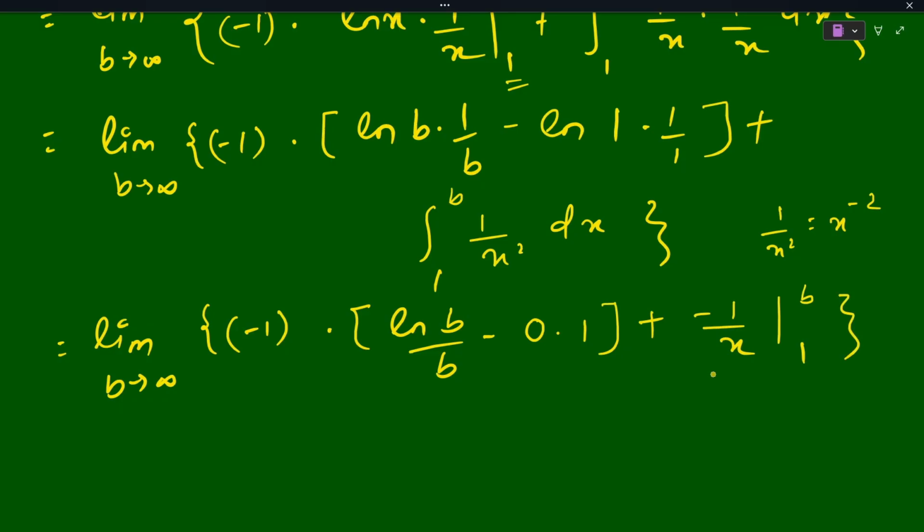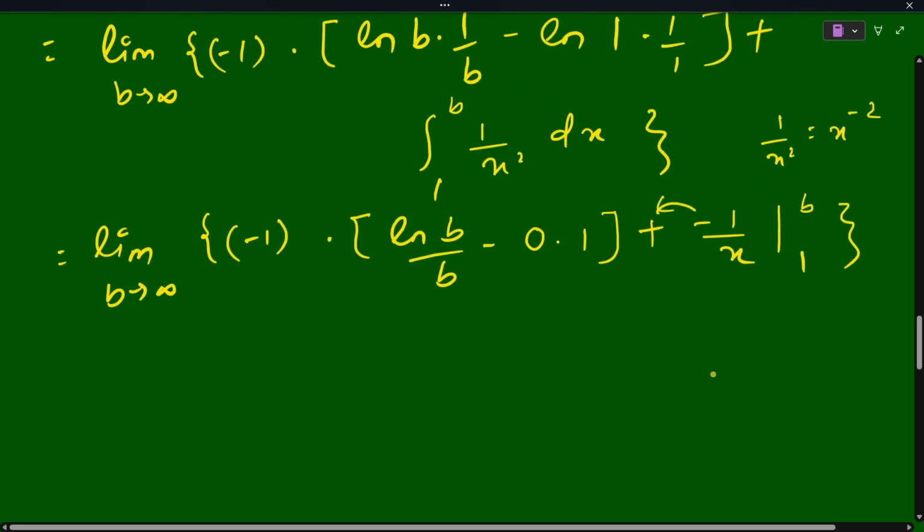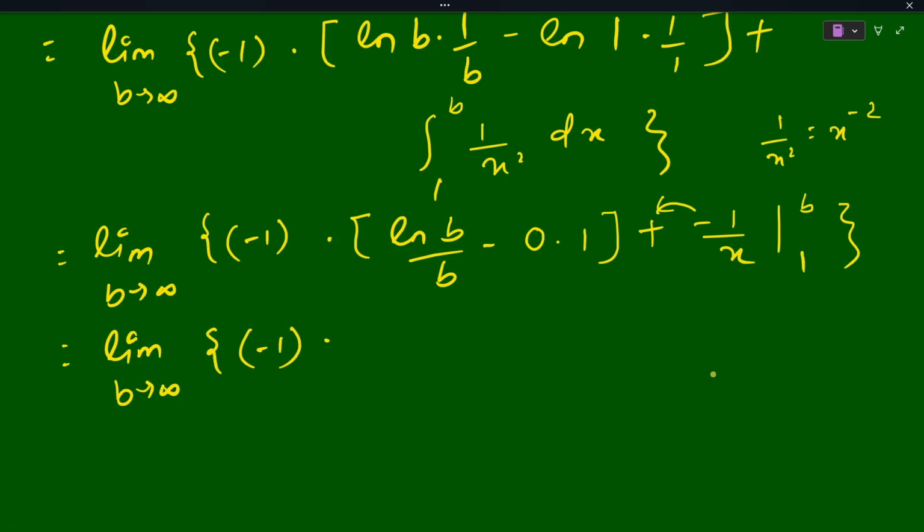Now this minus sign I can take to the outside. I can multiply here, so this one will be limit b tends to infinite. Now it is minus 1 into ln b by b, then here this sign is a minus sign, and now here it is 1 by x, limit is from 1 to b.